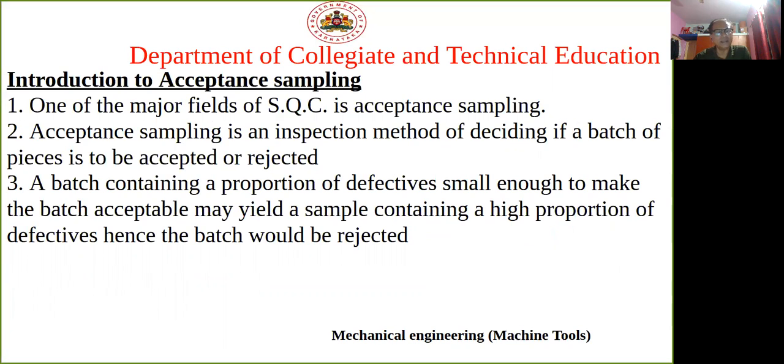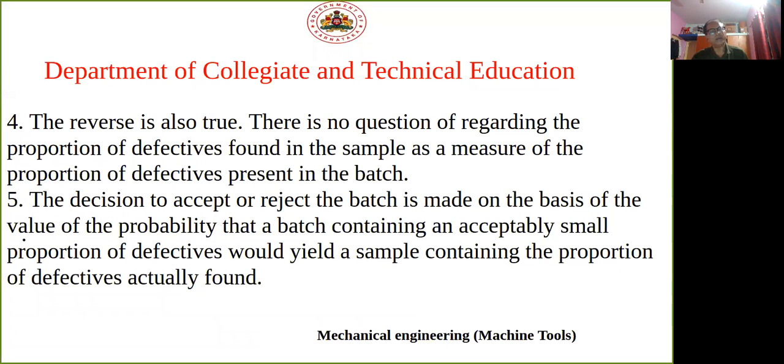I'm just telling you the summary: it is a major field of SQC, an inspection method where we decide whether we have to accept the batch or reject the batch. That acceptance and rejection depends upon what is called the probability of acceptance.